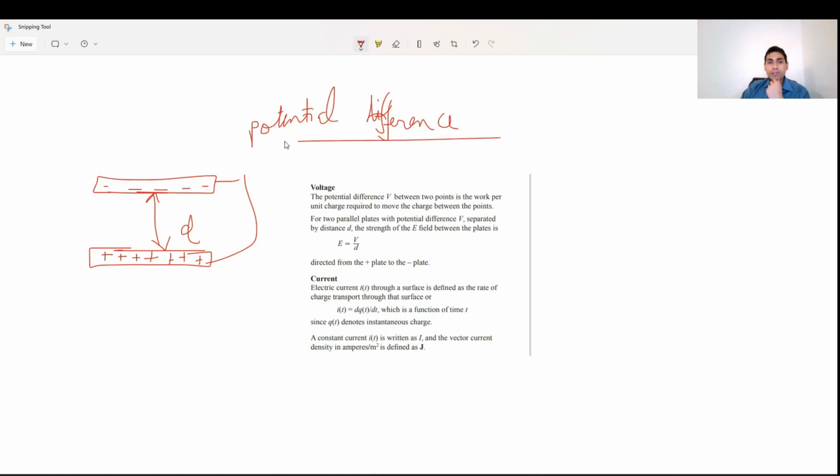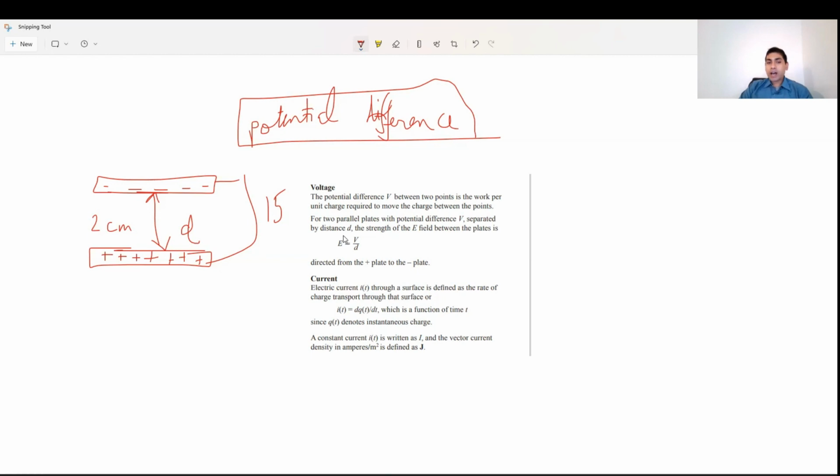Now, they might give you a value for the potential difference, like supposedly 15 volts. So between a positive plate and a negative plate, I have a potential difference of 15 volts. And I know the distance between these two plates is arbitrarily 2 centimeters, for instance.